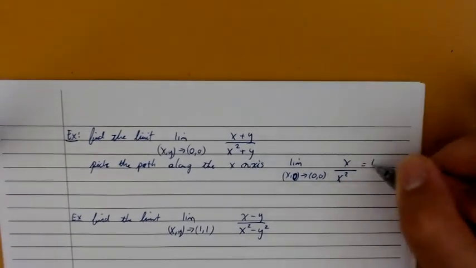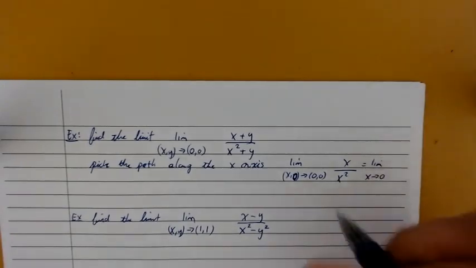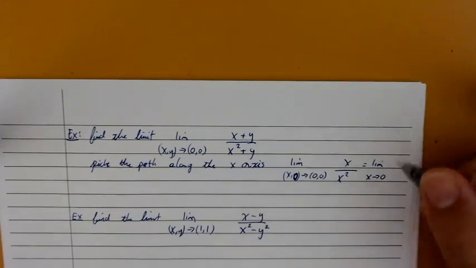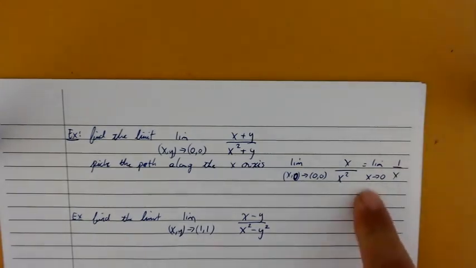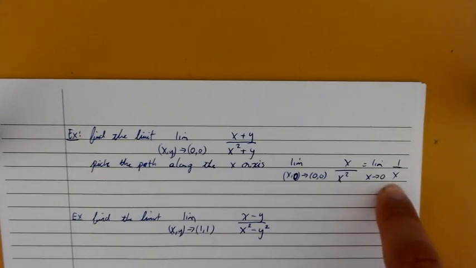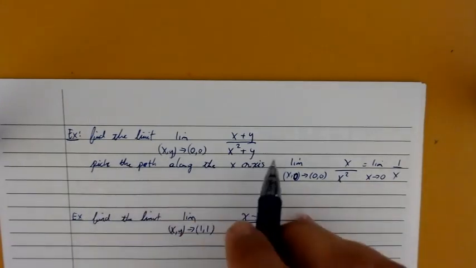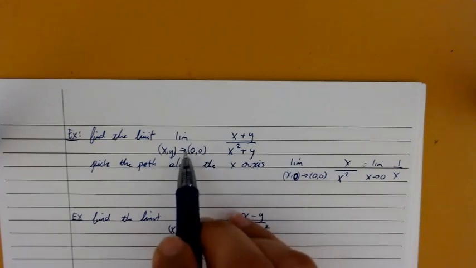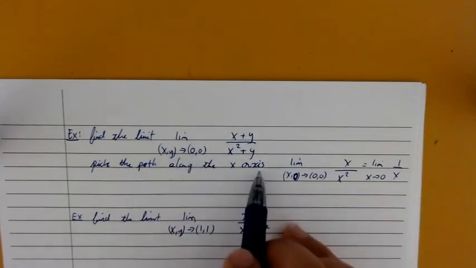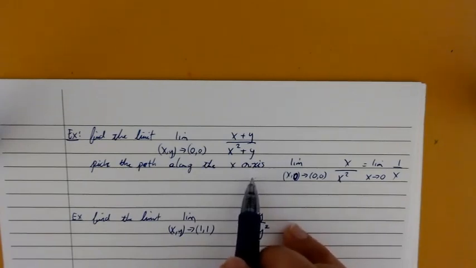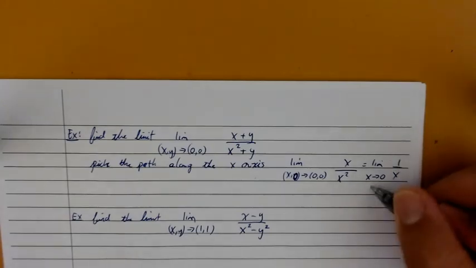Well, that's just the limit as x approaches 0 of 1 over x. There's no y anymore. This is a result from Cal 1: this does not exist. So along this particular path, the limit as I approach the origin does not exist. Unless they all exist and agree, the limit overall will not exist.